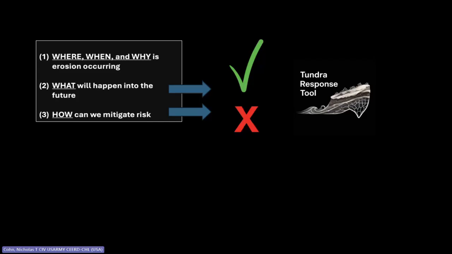So I wanted to introduce this tundra response tool, in part because I wasn't sure that people in CIRP had seen it before. Things that it can do is tell us, well, we can hindcast the past, and we can also start looking to the future. But one challenge with an analytical, pretty simple model is it's a little hard to start mitigating for the risk.